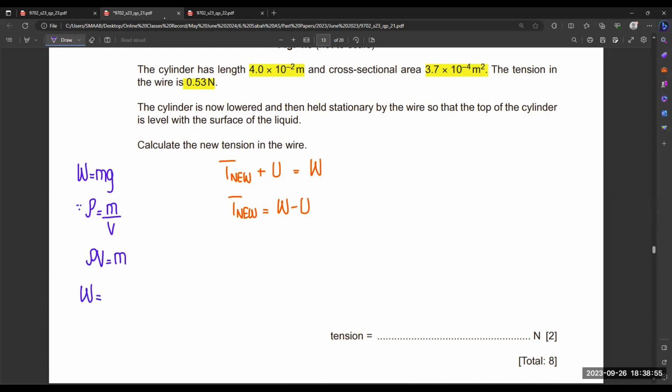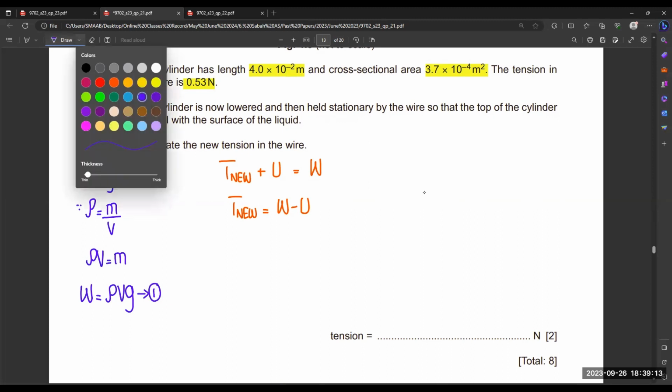So your weight will be equal to density times volume times acceleration due to gravity. So this equation will give you the value of the actual weight, right? So we can easily find out the value of the weight from this equation. So what will be your answer?